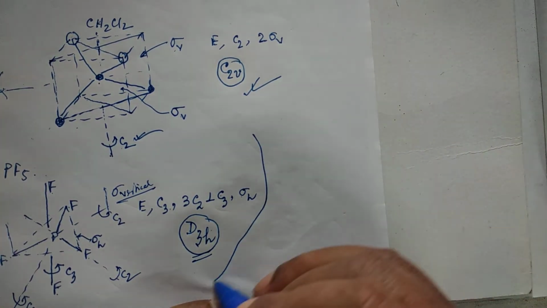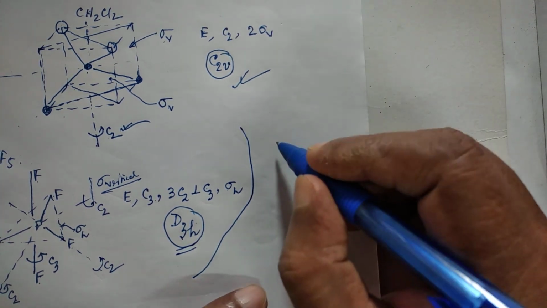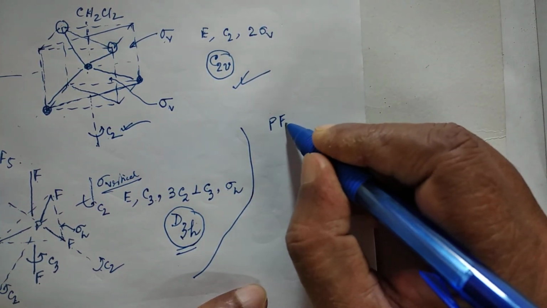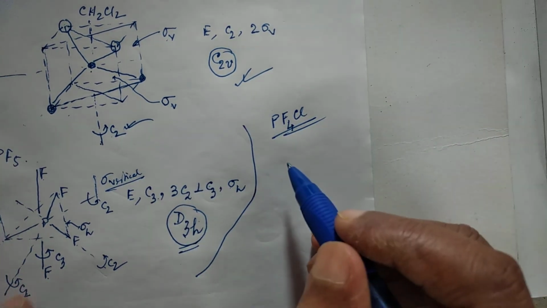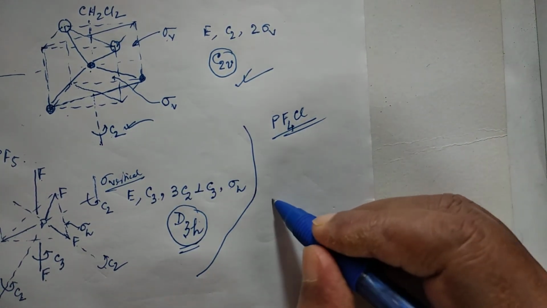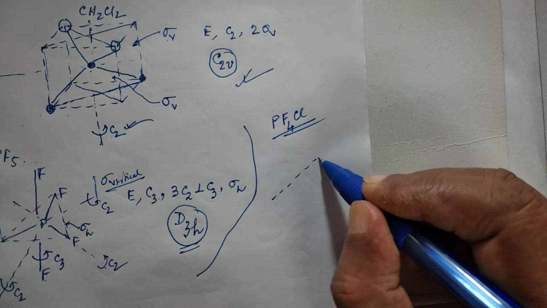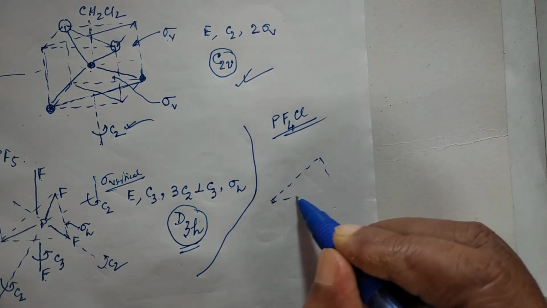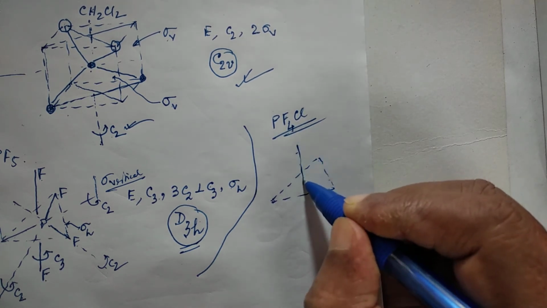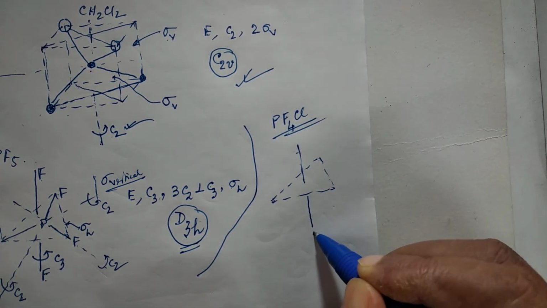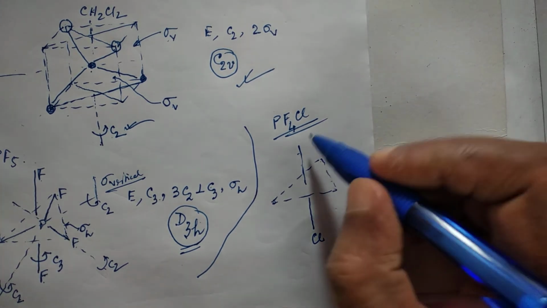Next, let us consider PF4Cl. Replace one fluorine by chlorine. The shape is again trigonal bipyramidal. Only we are replacing fluorine by chlorine.